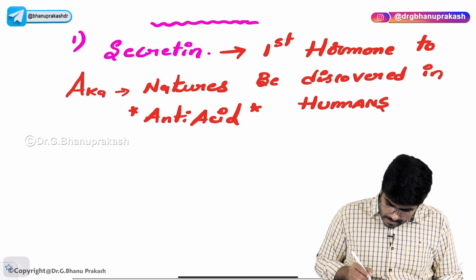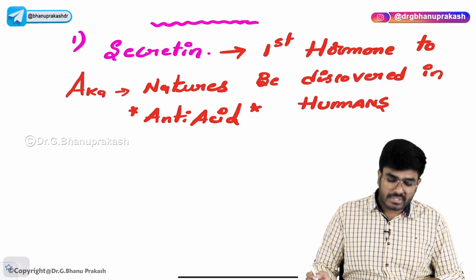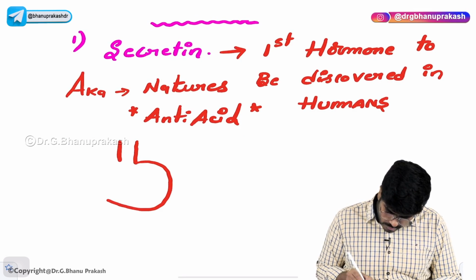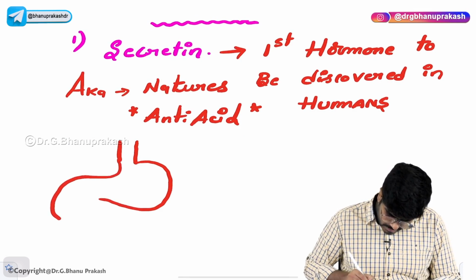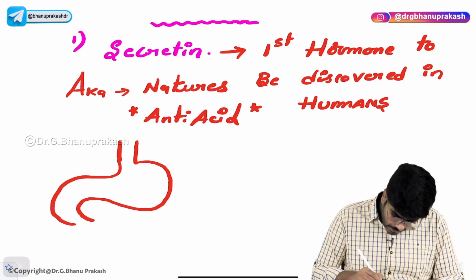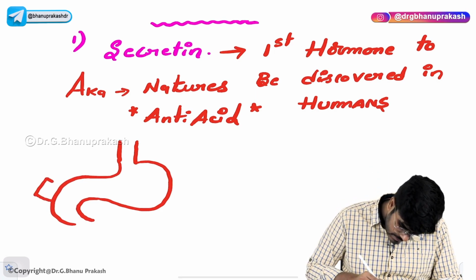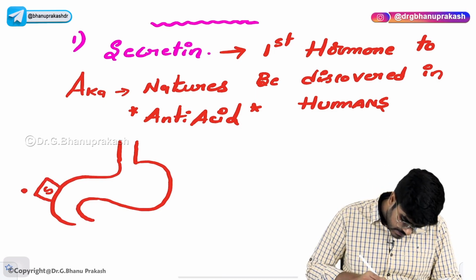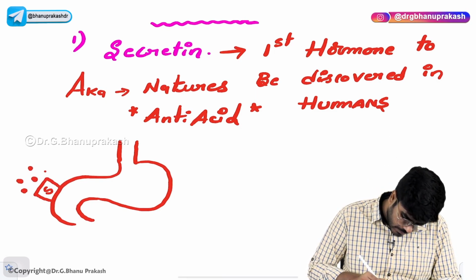Because see, first of all, who is going to produce secretin? This is the esophagus. Here I am showing you the stomach, greater curvature and lesser curvature of the stomach, and this is the duodenum. Now, in the duodenum, there are cells called S cells. These S cells are the ones producing these secretin molecules.